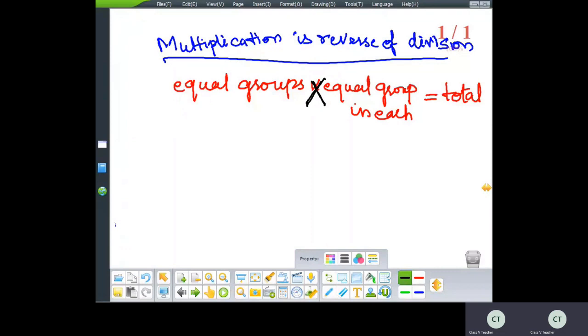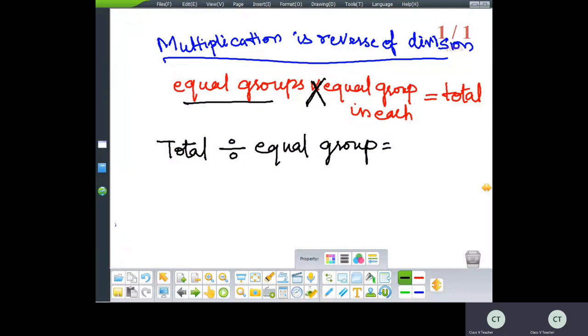Now, how is it reversed? In division, the total will be given. You have to divide by equal groups. If you divide with equal groups, you will get the answer as equal groups in each.